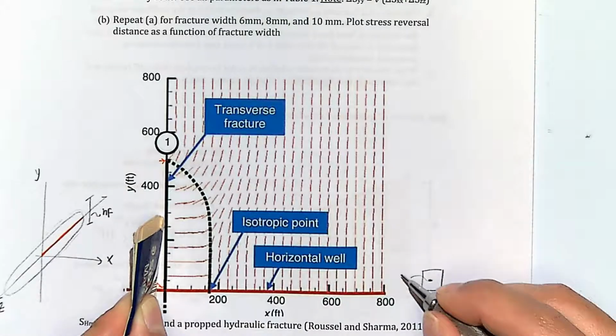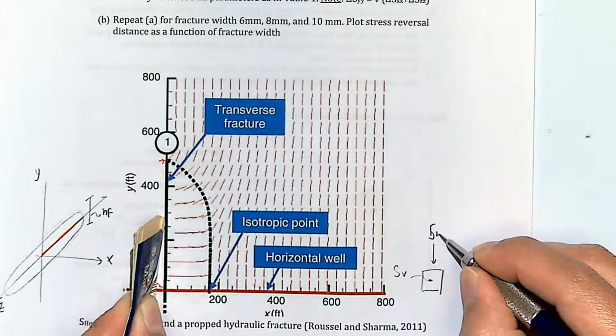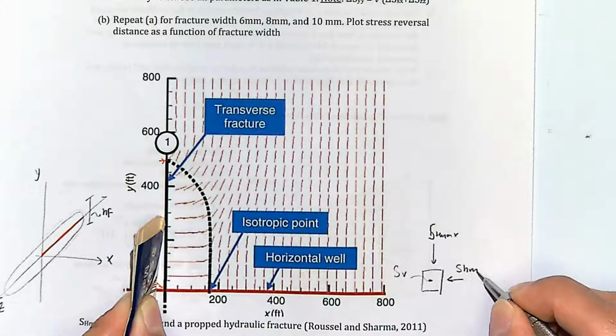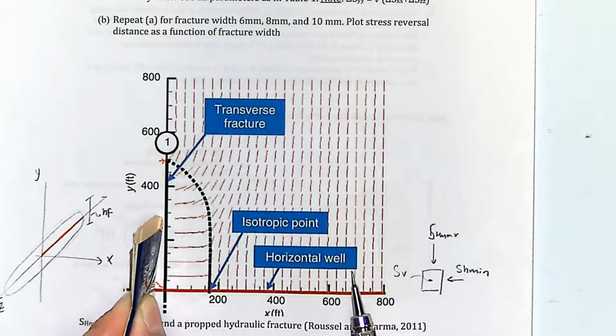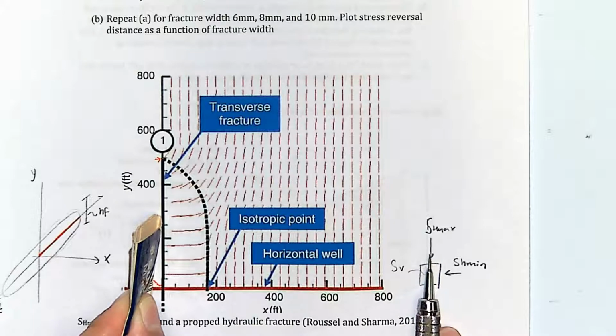Just to help you a little bit, if we look from the top, originally this one is SV, this one is SH max, and this one is SH min. These red lines show the direction of SH max.